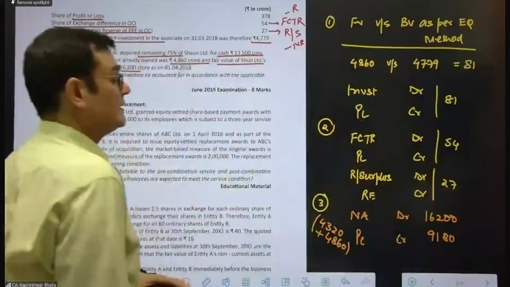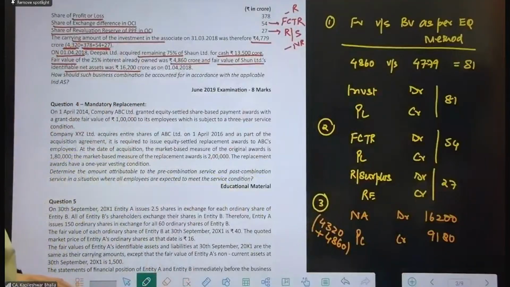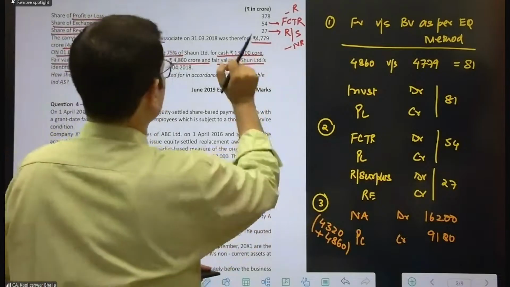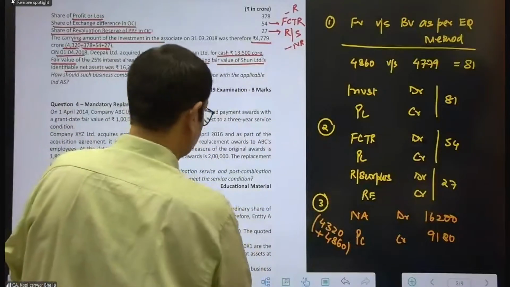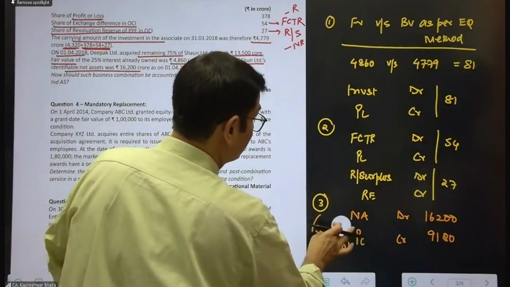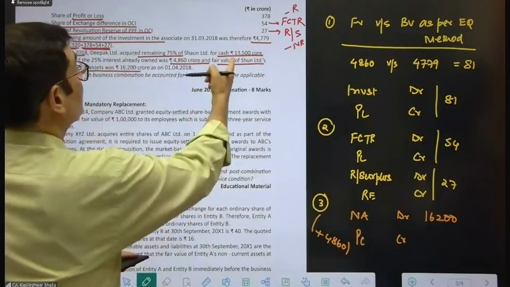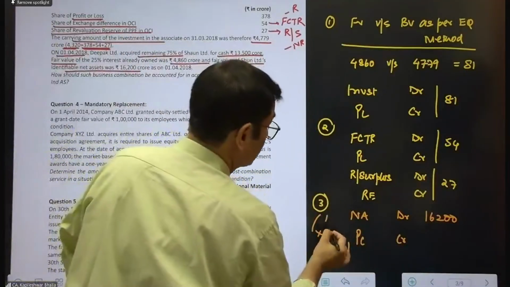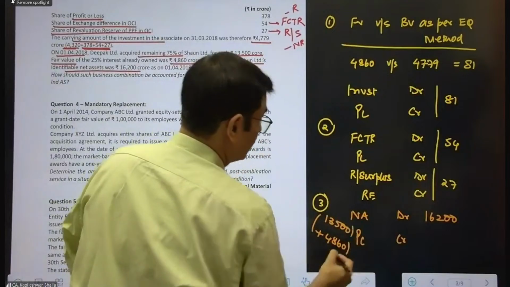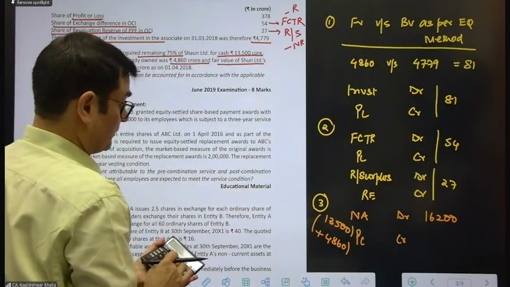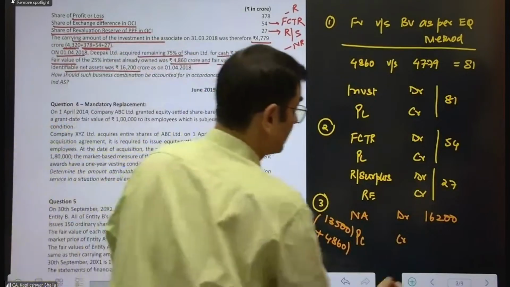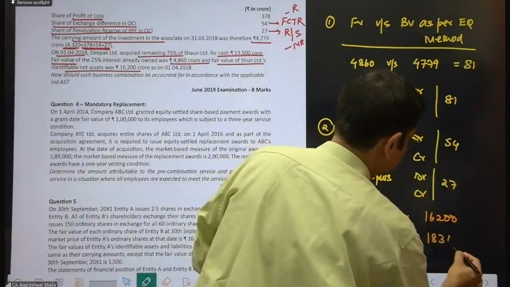And in this particular case, is there any NCI? I guess there is no NCI. Sorry, this was not 4320. Sorry, this is 13500. I have taken the previous acquisition cost, I'm afraid. So the amount paid for the remaining consideration is 13500. So 13500 plus 4860 works out at 18360.